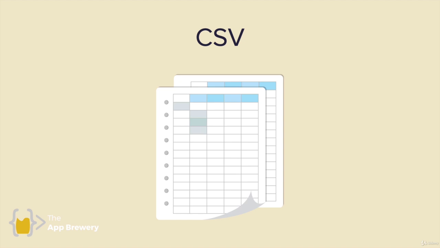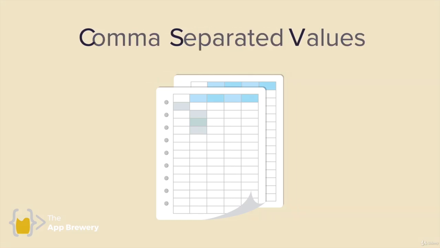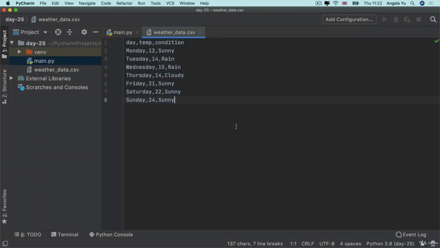CSVs are a very common way of representing tabular data, so data that fits into tables, like a spreadsheet. CSV, as you've already seen, stands for comma separated values. That's why when you look at the data, you can see each row is a single set of data, and each piece of data is separated by a comma without space.